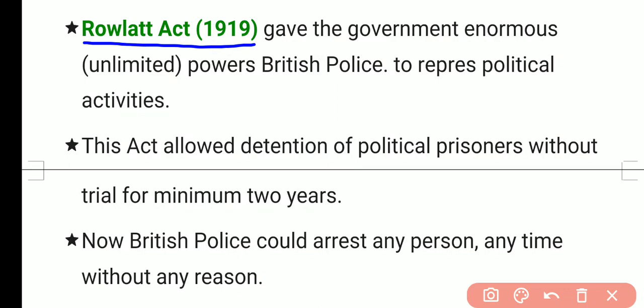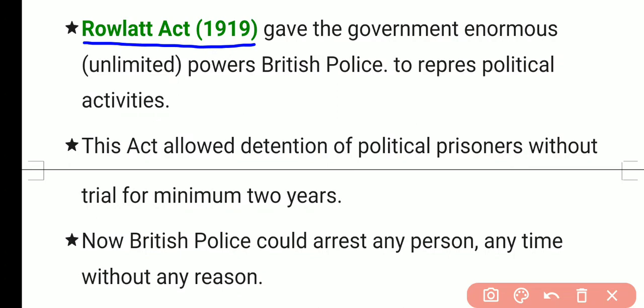The British government was also aware that Gandhiji and the Congress Party were getting more popular day by day in the country, and that they were planning to launch a nationwide movement. So to control this uncontrollable situation, they decided to pass an act.